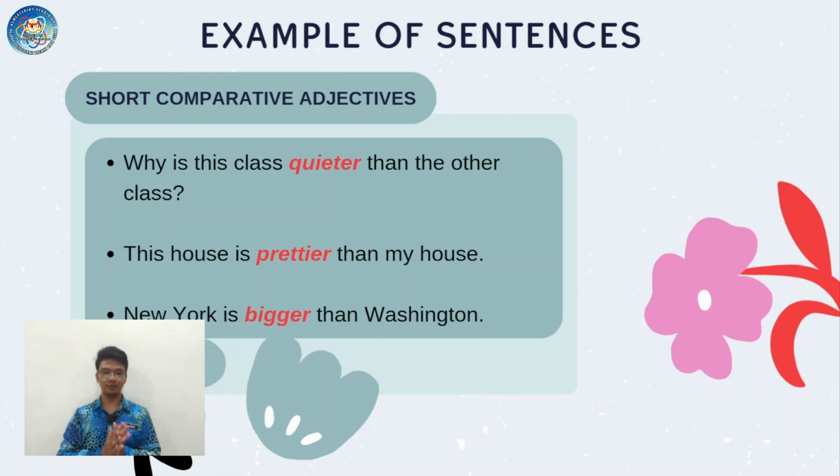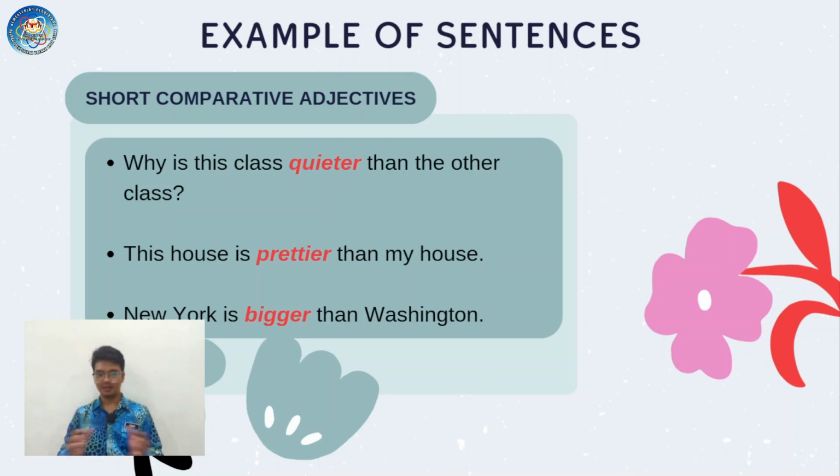Okay, so here are some example sentences for short comparative adjectives. Why is this class quieter than the other class? Here the word quieter is the comparative adjective. We use the word quieter to compare the quietness of this class and the other class.